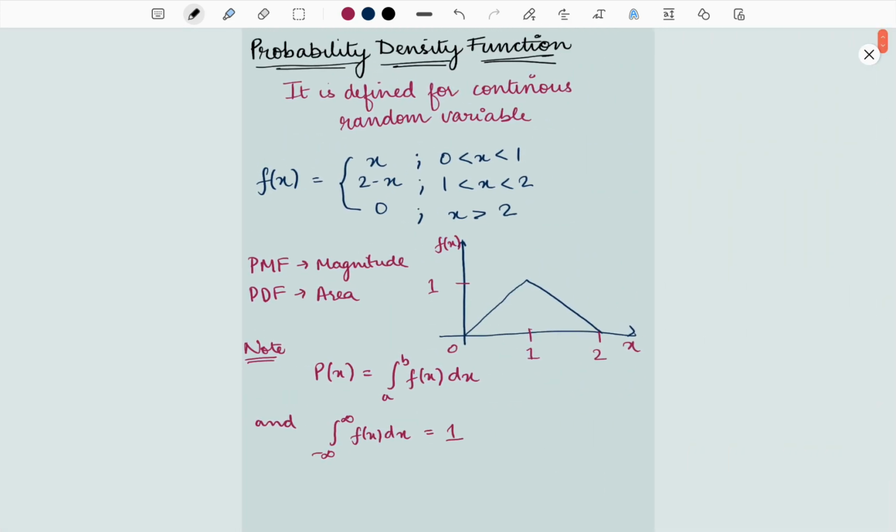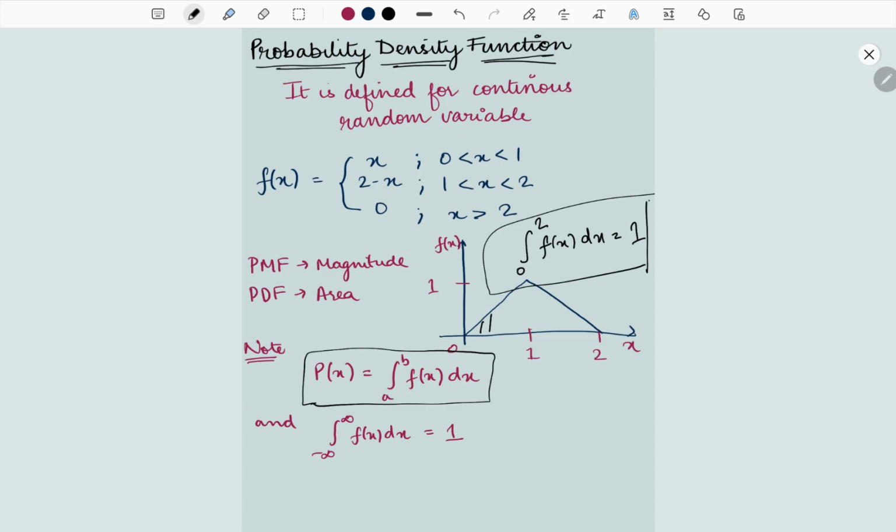Now the probability mass function was on discrete values and had a summation, and here the probability density function, which is defined for a continuous random variable, will have area under the graph equal to 1. In this case, for this graph, the integral from 0 to 2 of f of x dx will be equal to 1.